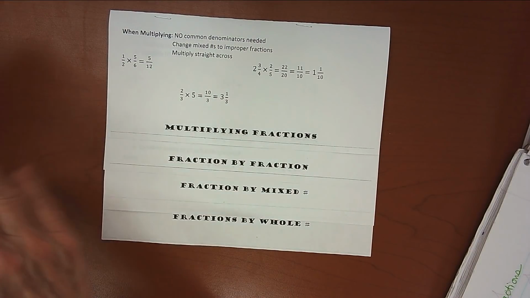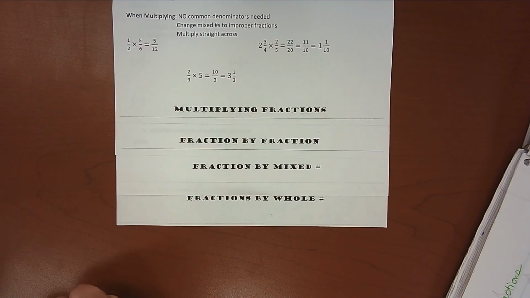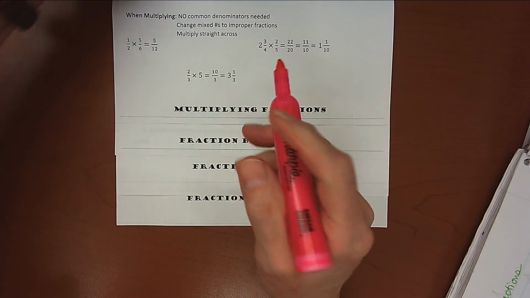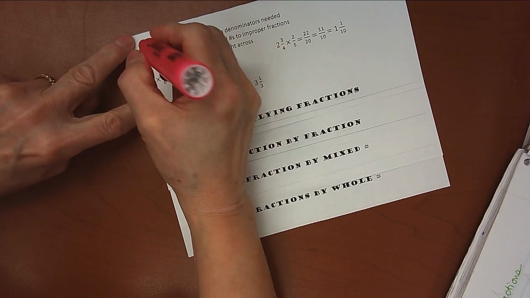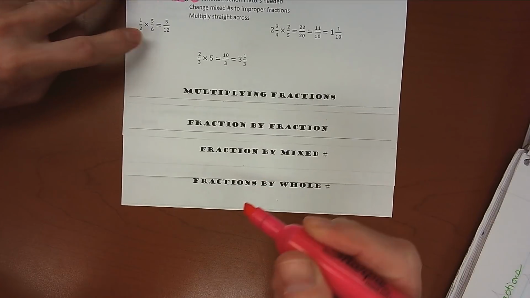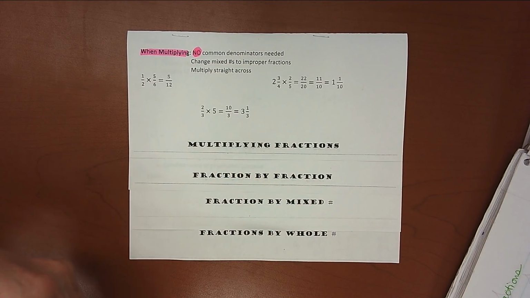Okay, so once our notes are together correctly, a couple of things to note about multiplying with fractions. First of all, we do not have to get a common denominator, which is great news. So when we're multiplying, there's absolutely no common denominators. We're not going to worry about common denominators at all. We're going to change mixed numbers to improper fractions.